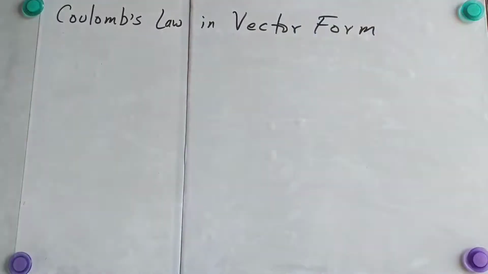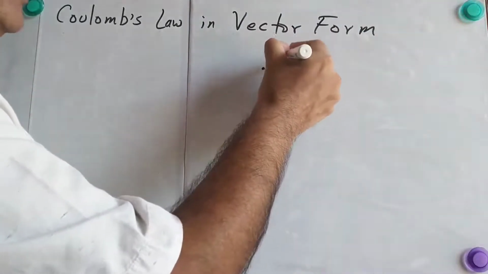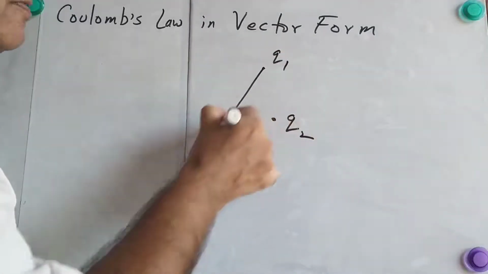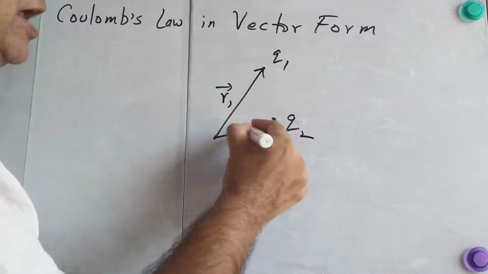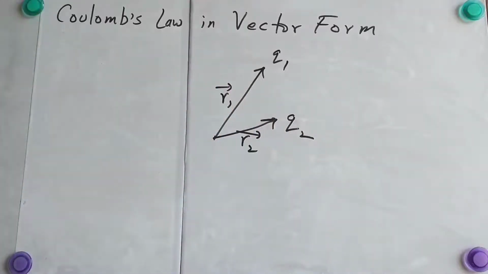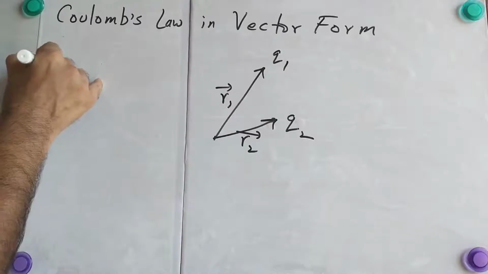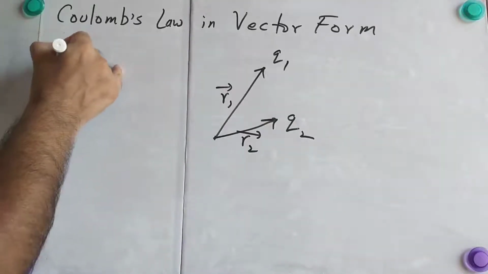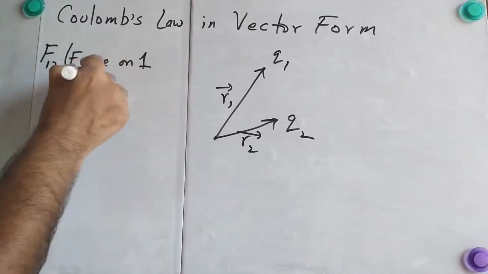So suppose we have two charges Q1 and Q2, and the position vector of Q1 is R1 vector and position vector of Q2 is R2 vector. Then the force on 1 due to 2.